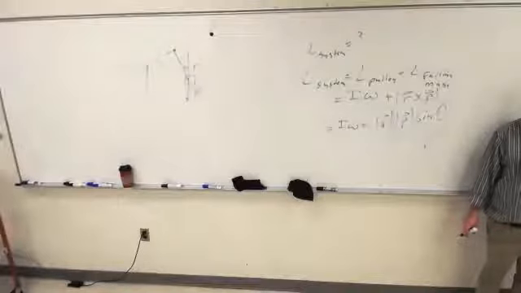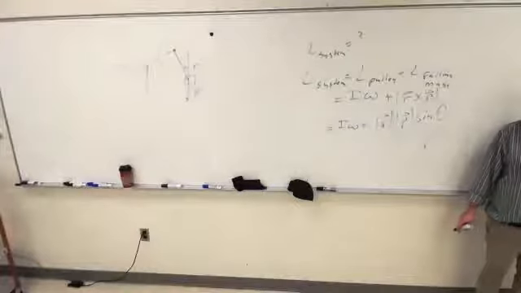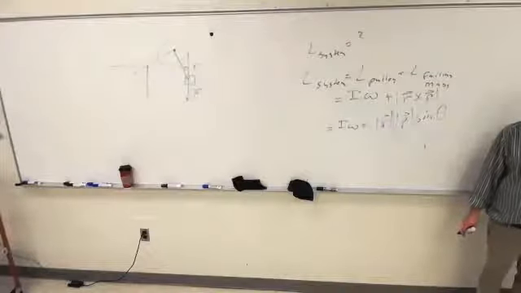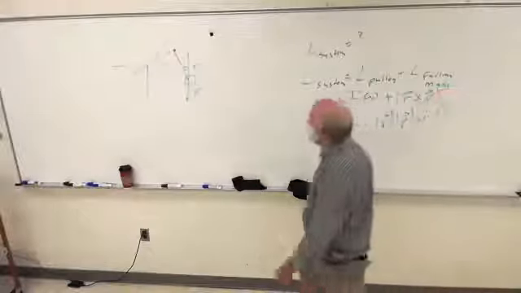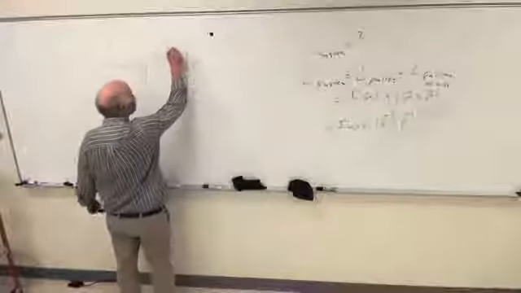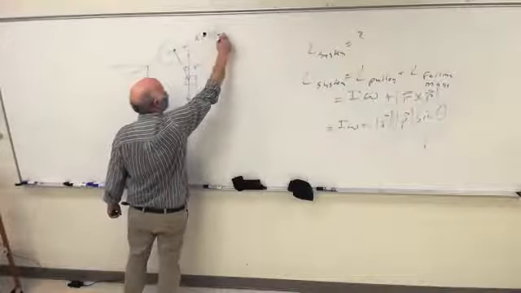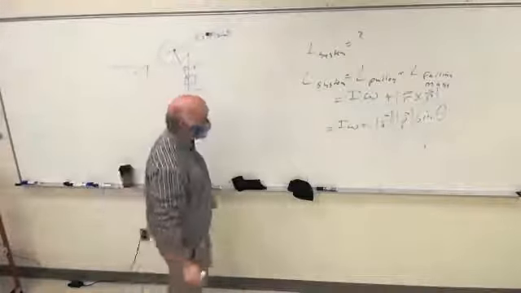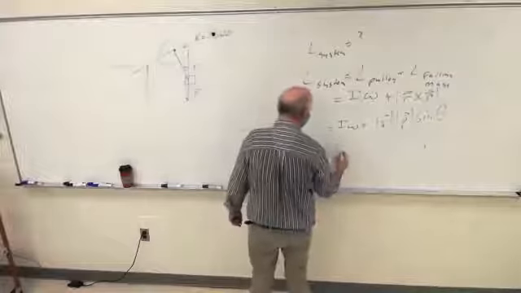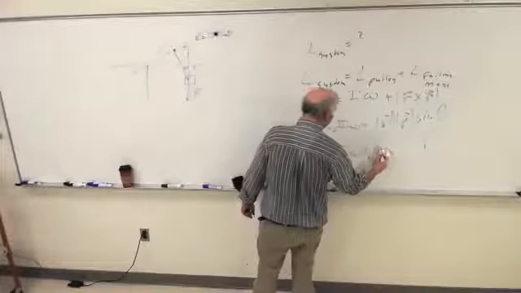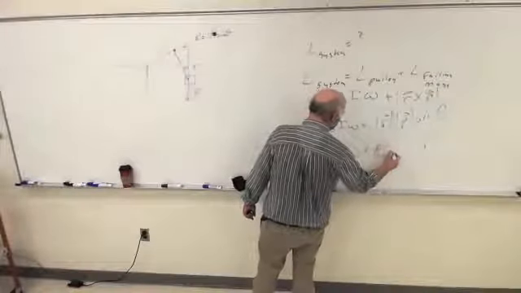You've seen this before. It becomes R, the radius. This R here is the magnitude of R sine theta. So this becomes I of the pulley times omega plus R times the magnitude of P.